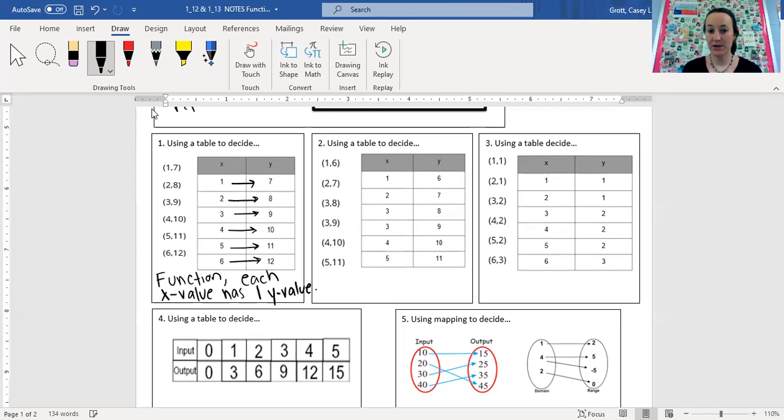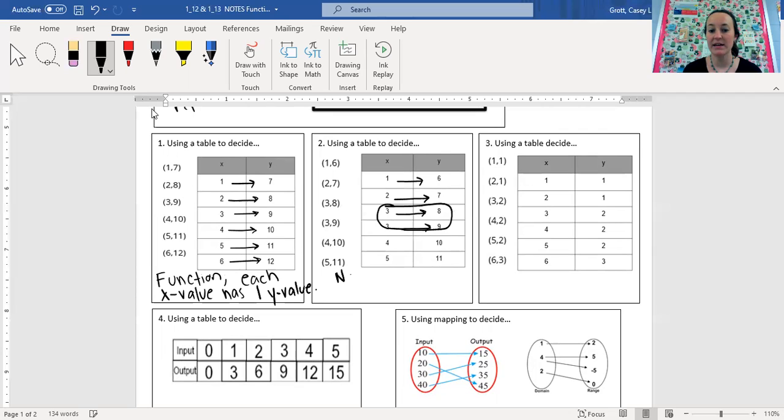Taking a look at the next one. So use a table to decide whether it's a function or not. So here are my ordered pairs. We put them in a table. So 1 goes to 6, 2 goes to 7, 3 goes to 8, 3 goes to 9. Hey, wait a minute. Didn't we say that X couldn't repeat? X could only go to one Y value. So 3 can't go to 8 and go to 9.